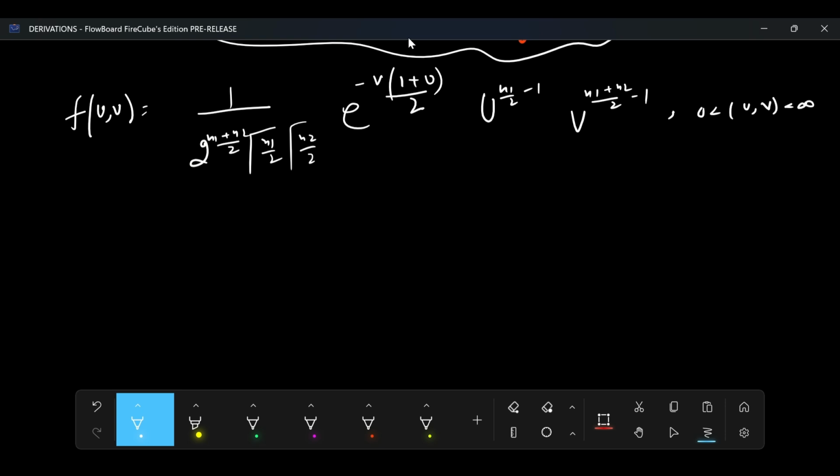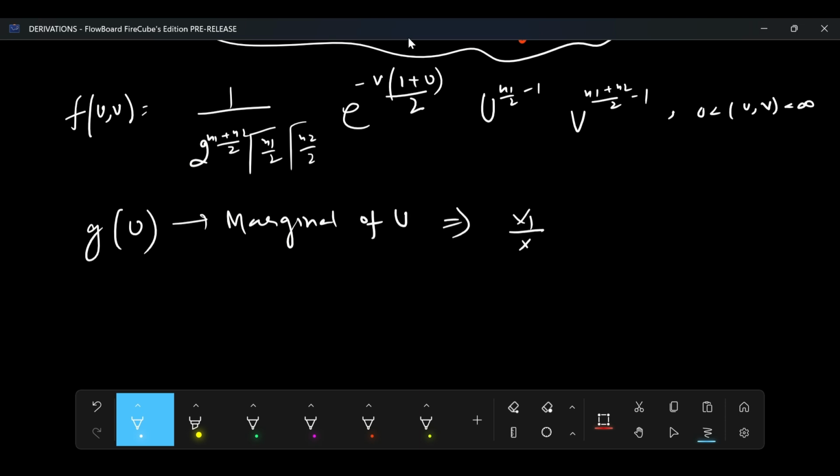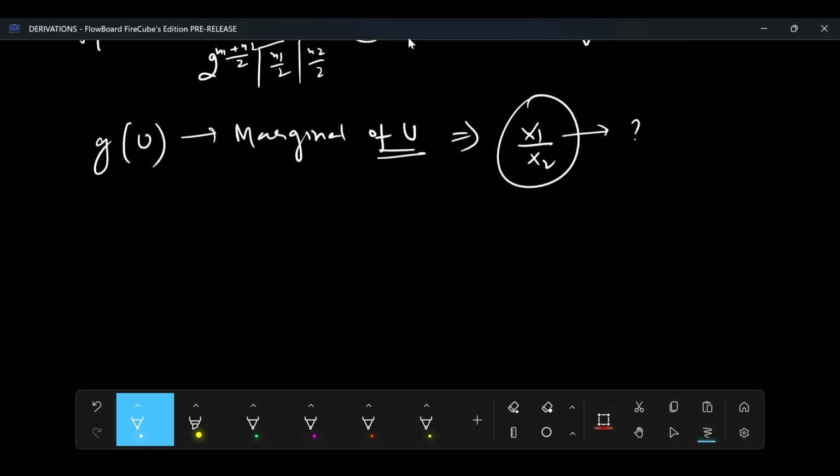Now if we need the marginal of v, or let's suppose g of u, the marginal of u, and what's u? U is x1 divided by x2. So we basically need the distribution function of this, that's the marginal of u. So g of u will be the integration from 0 to infinity of the whole distribution function.